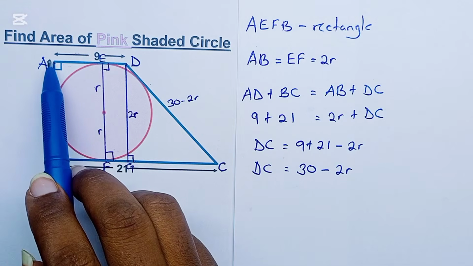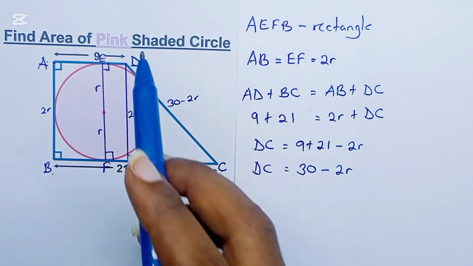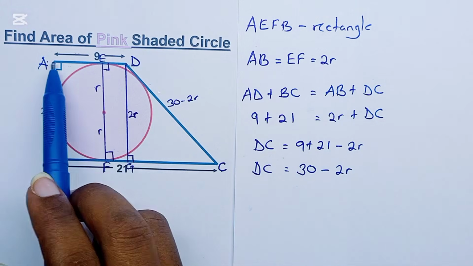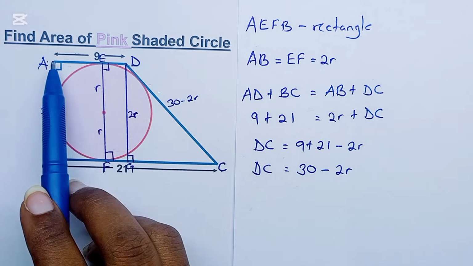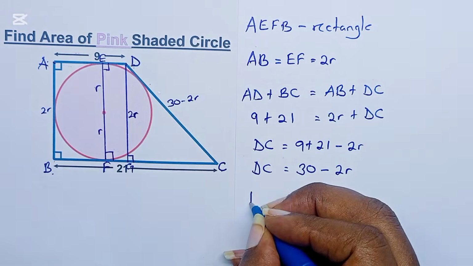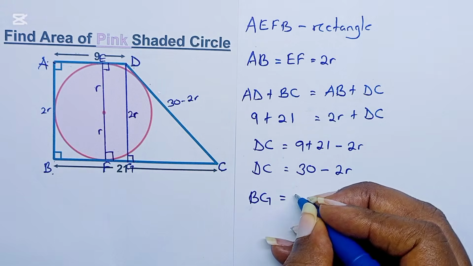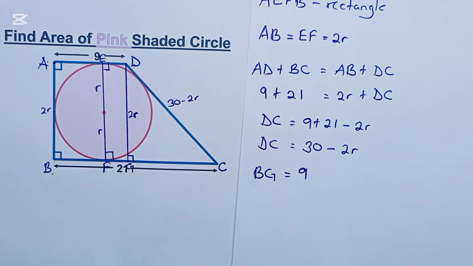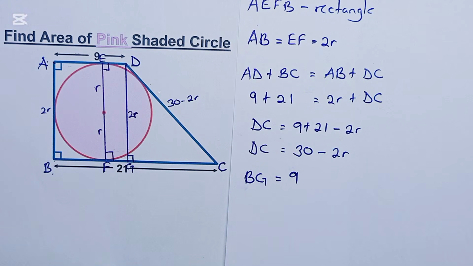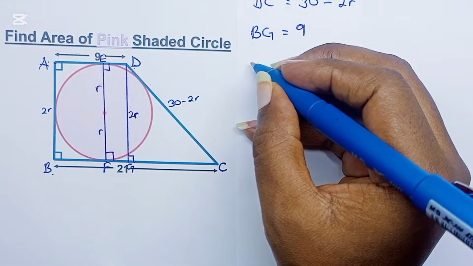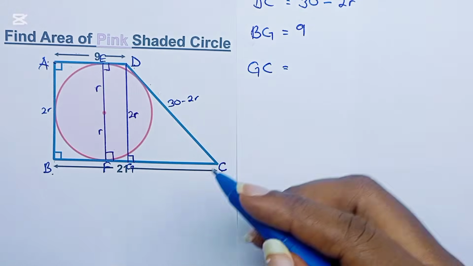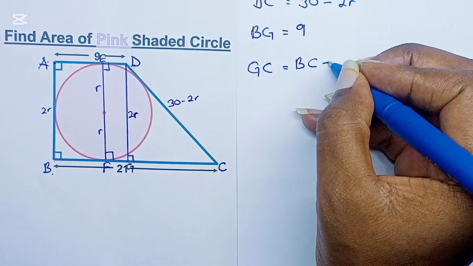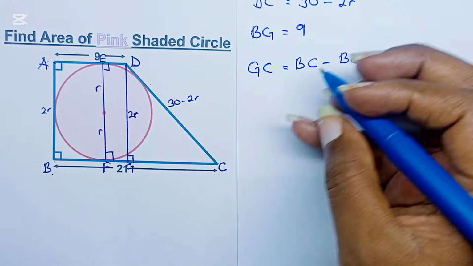AD is equal to 9, so since AD is equal to BG, BG is also equal to 9. If BG is equal to 9, then GC is equal to BC minus BG.